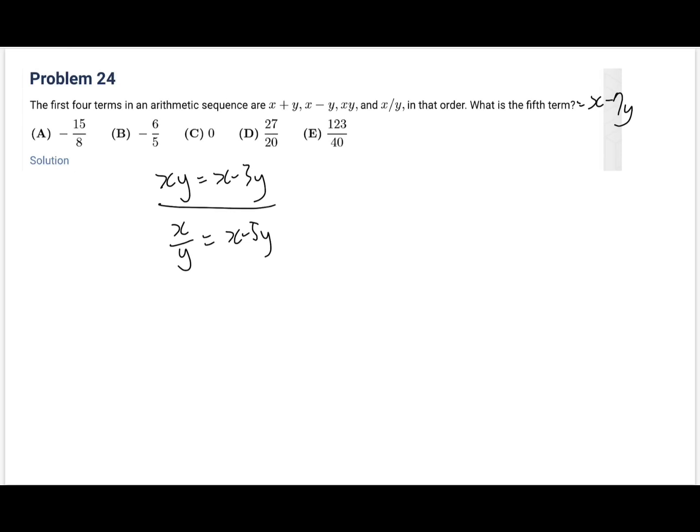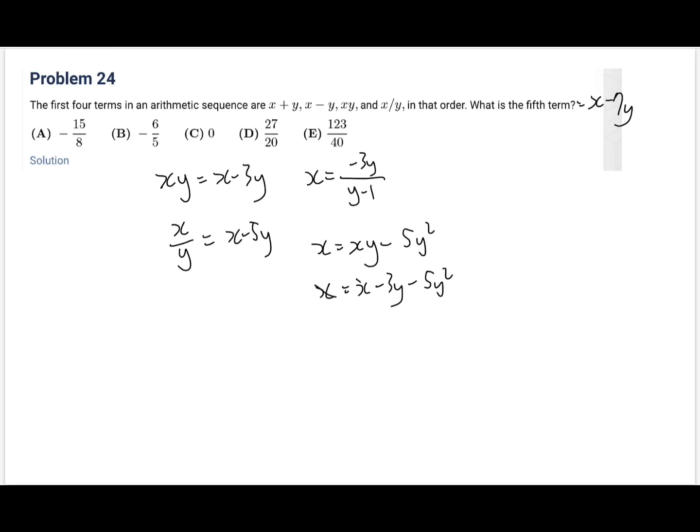And so from here we can know that x equals minus 3y over y minus 1. And here, if we put that in here, x equals xy minus 5y squared. So since xy is x minus 3y, x minus 3y minus 5y squared.